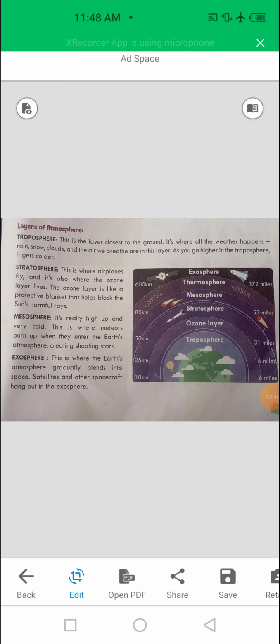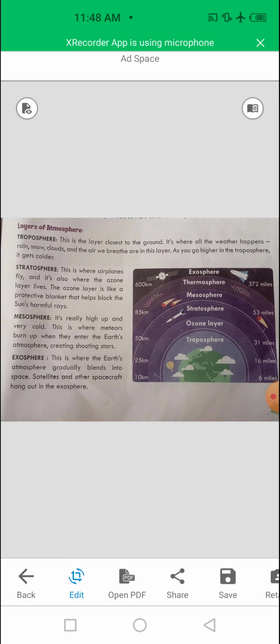So students, the layers in our atmosphere are troposphere, stratosphere, mesosphere, exosphere, thermosphere. So let's discuss them. First one is troposphere.